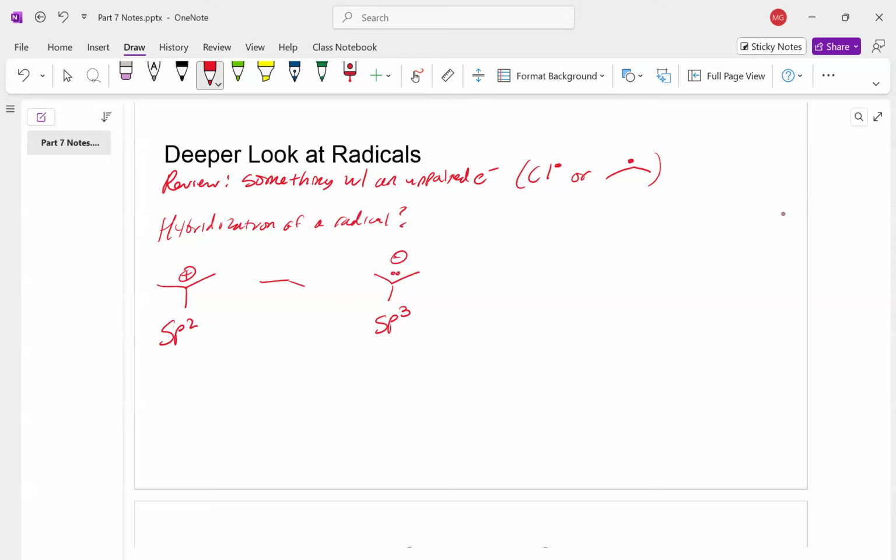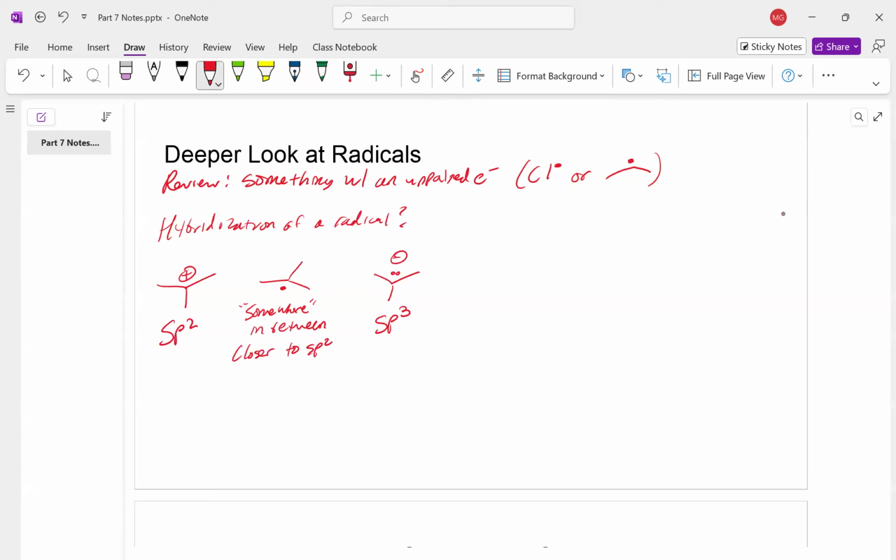A radical is somewhere in between in terms of its hybridization. It's closer to sp2, but it's really not either one of those hybridizations.